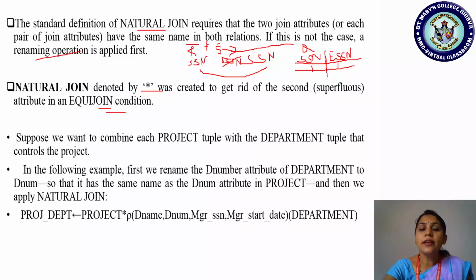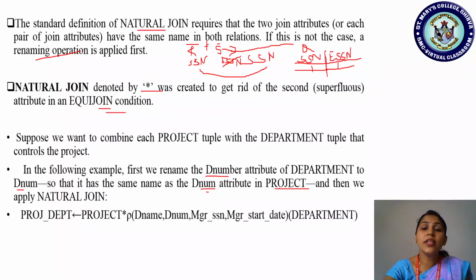So they are telling that in the department relation we have the attribute named department number. They will first rename Dnumber to which one? Dnum. Why are they renaming? Because the project relation holds the department number attribute as what? Dnum.